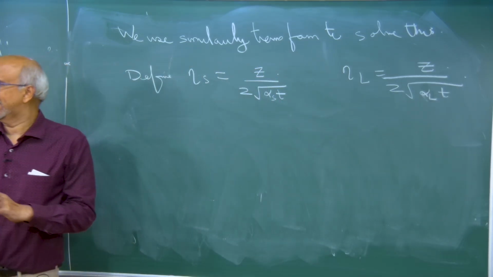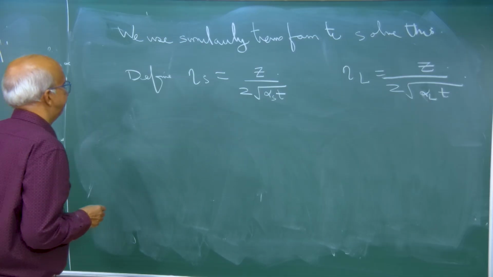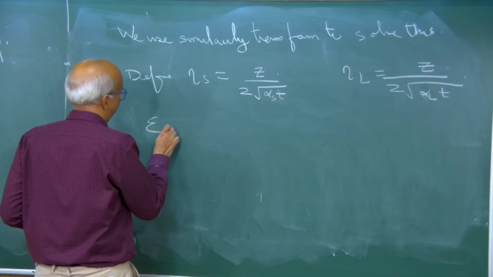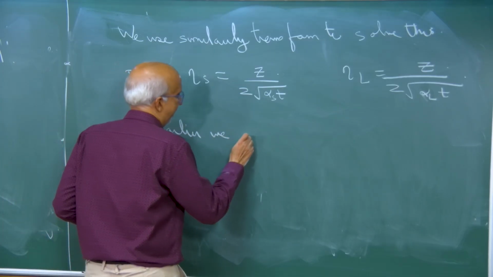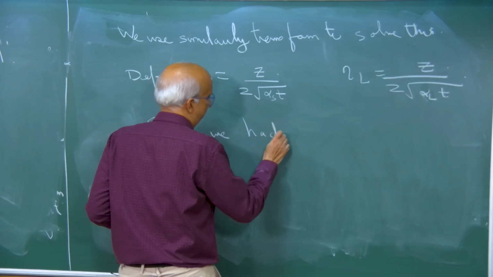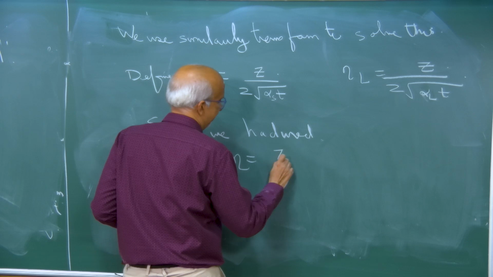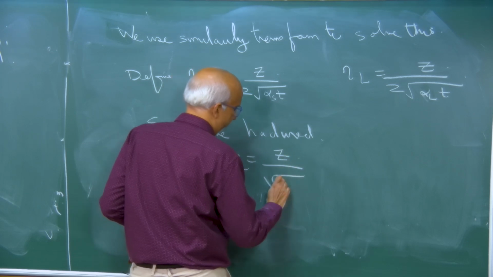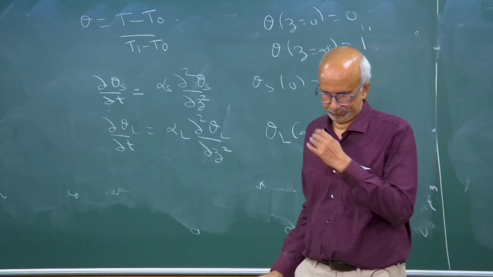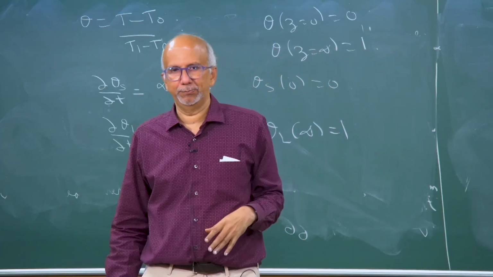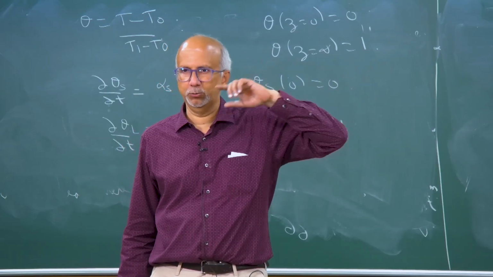Earlier we had used eta as z divided by square root of nu t, when we solved that Rayleigh problem. What have I done? I have just put an extra 2 there.